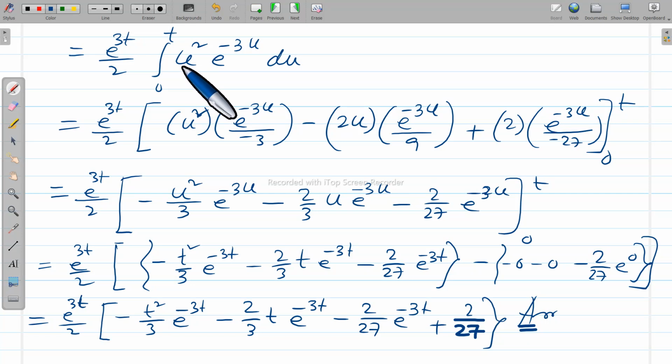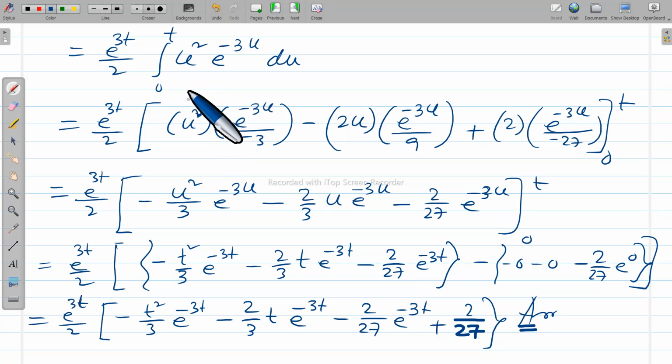So from here it is clear that the power of the u variable goes to 0 in decreasing form, correct? So that function you may consider as the first function, and the rest of the part, here it is an exponential function, you should consider as the second function, that is v.